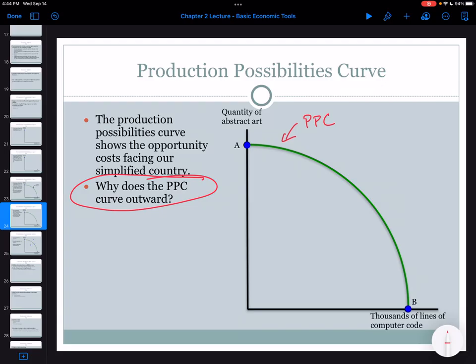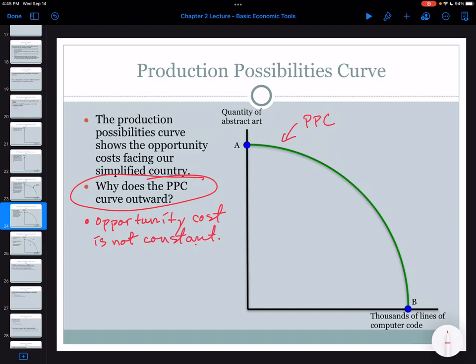Why did I draw it so it curved outward? And the answer to this question is that opportunity cost is not constant.